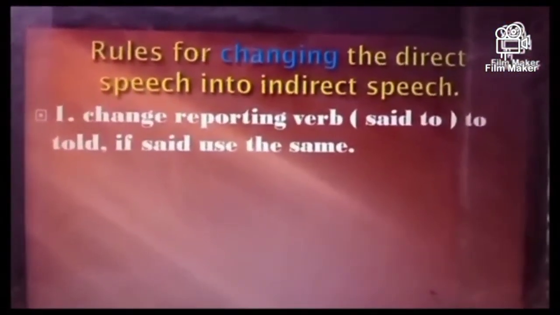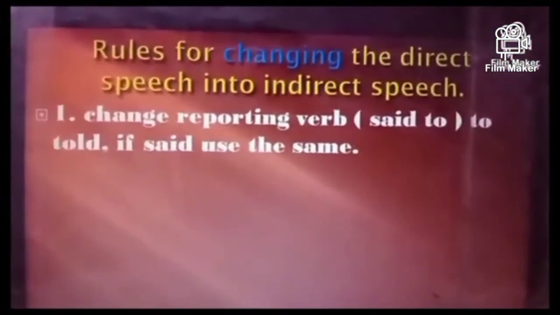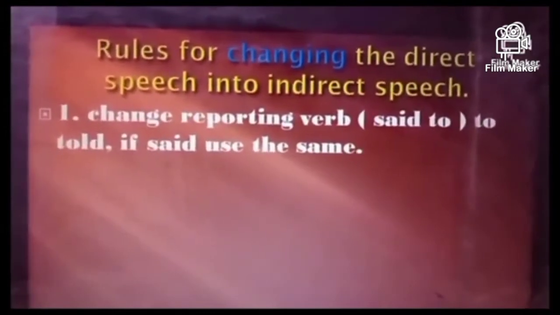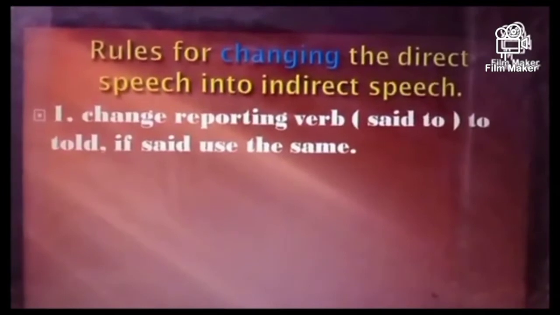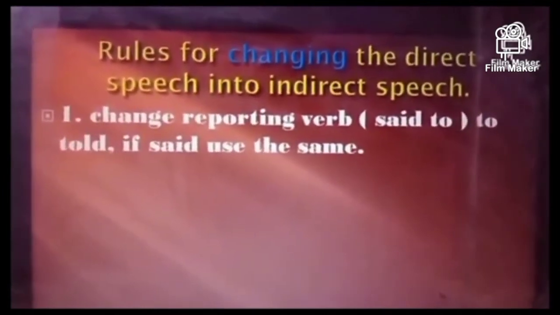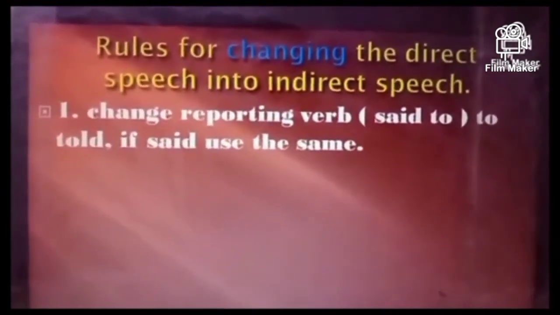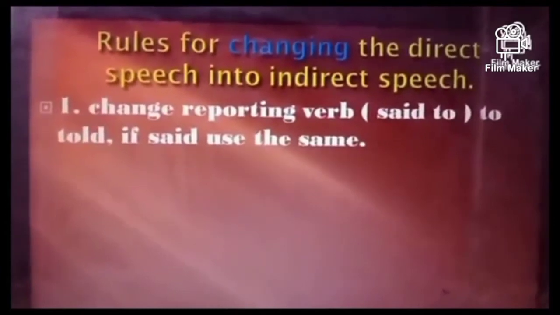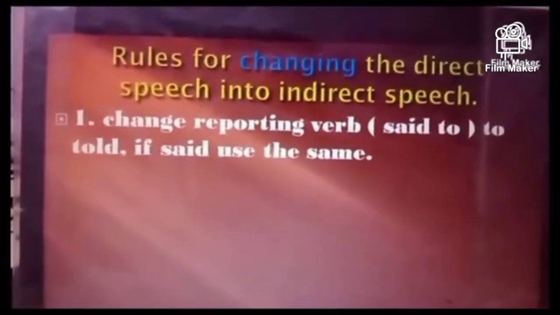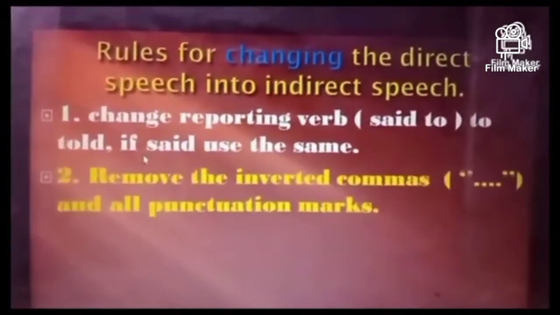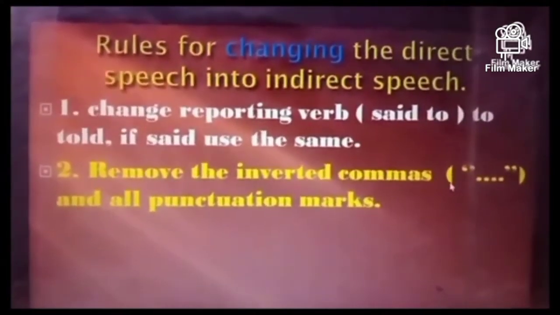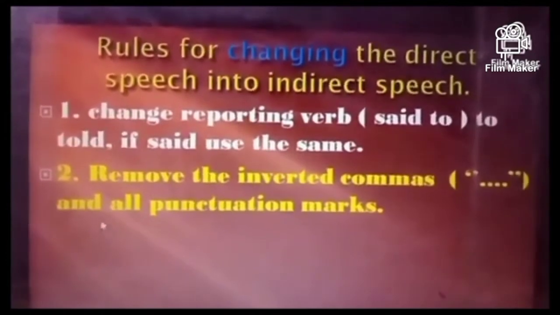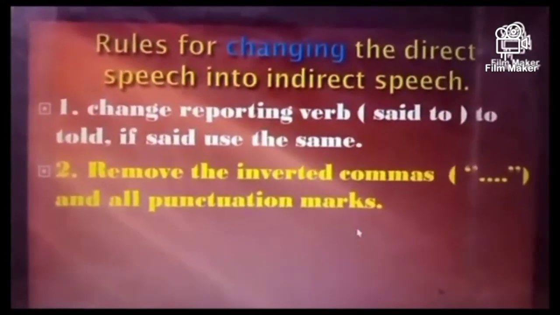Rule one: change the reporting verb said to told. But commonly, if said is used, then we can use the same word said. This is the first thing you have to do while converting direct into indirect speech. Rule two: remove the inverted commas and after that remove all punctuation marks.